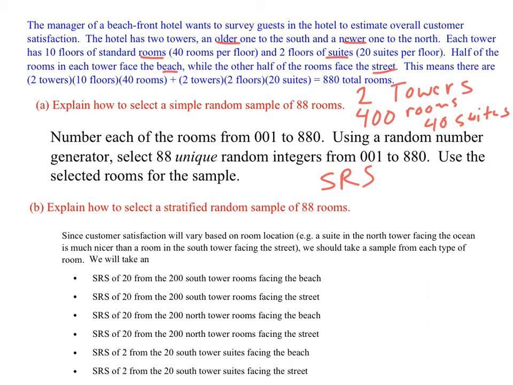A simple random sample would say, give each room a unique number from 1 to 880. Use a random number generator. Select 88 unique random integers. And then the rooms that correspond to those numbers, that's your sample. That's a simple random sample. If we had done the hat theory, everybody is together in one hat.